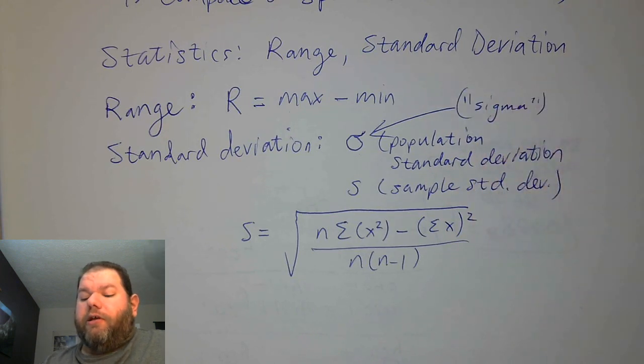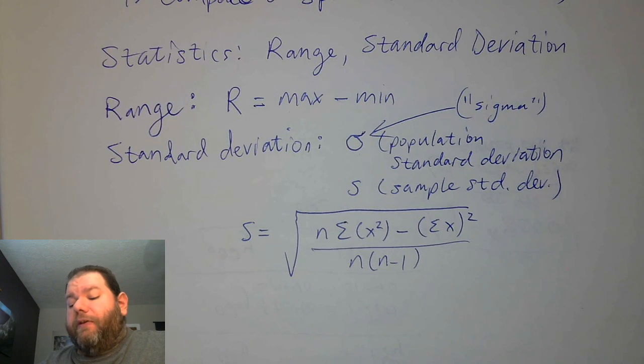Both of those are Greek letters, and inconveniently they're both sigma, but there's a big difference between the capital and the lowercase in this instance, which is generally true for most Greek letters.